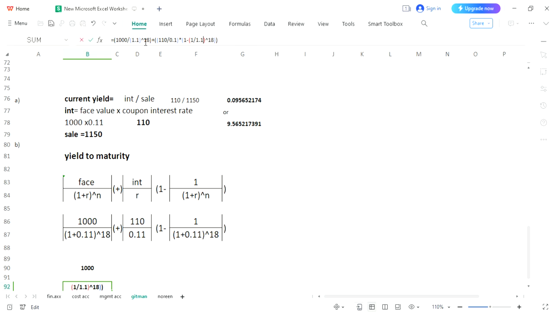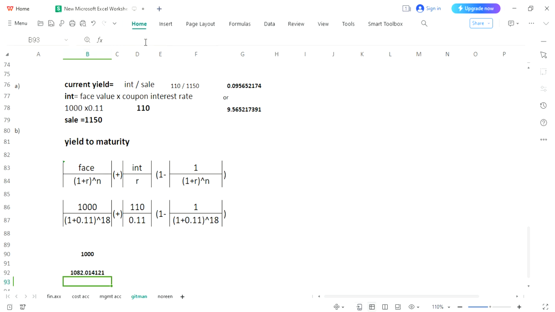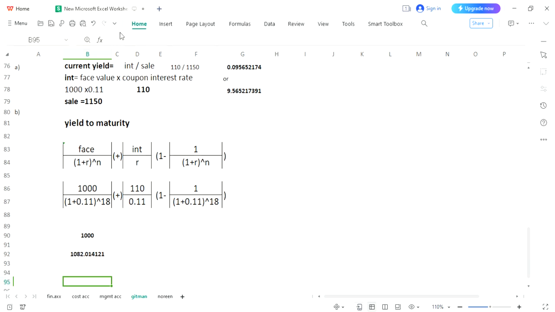When you put 11%, the answer was 1000 and now you have decreased the rate. Due to the decrease in the rate, the value of the bond should increase. The answer is now 1082. The amount has increased, but our target is 1150, so more increase is required.